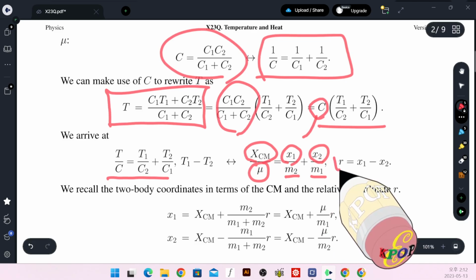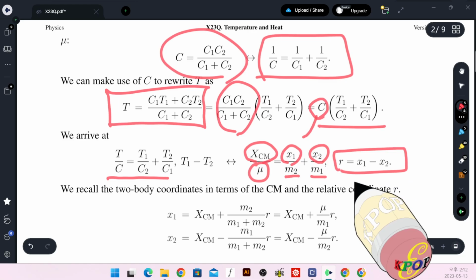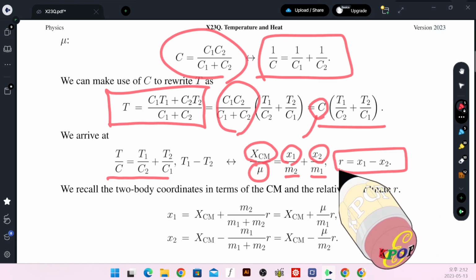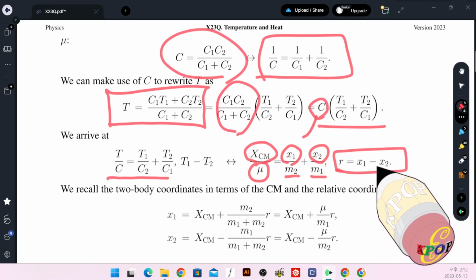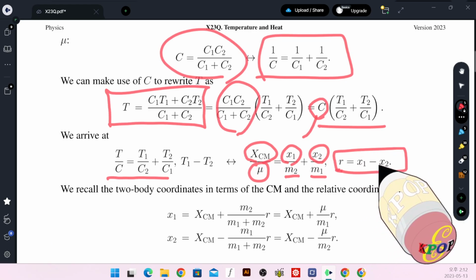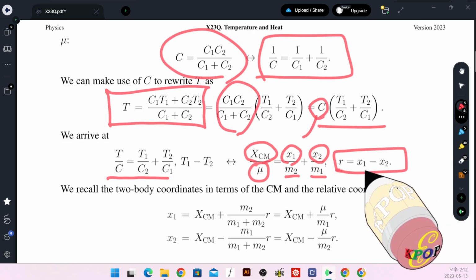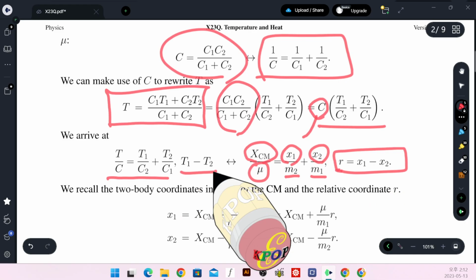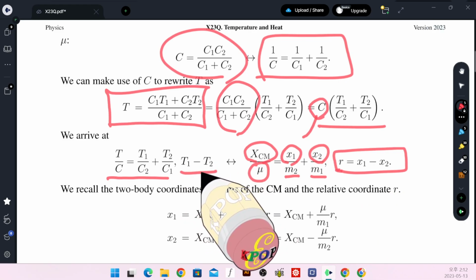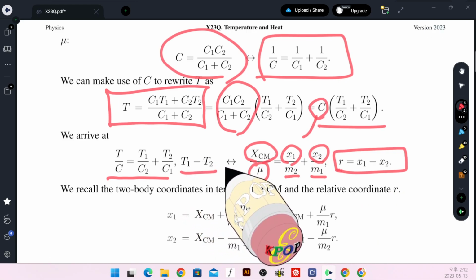We recall that the R, that is the relative coordinate vector, is defined by the displacement from particle 2 to particle 1. Here, in a thermodynamic case, we have the hot temperature subtracted by the low temperature.